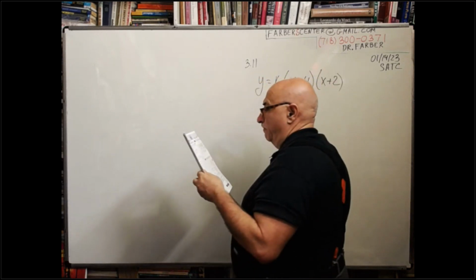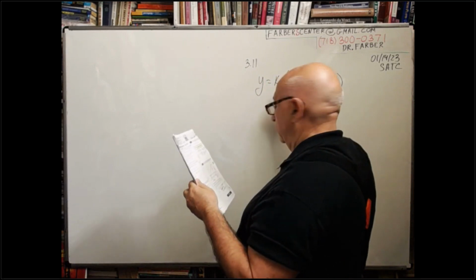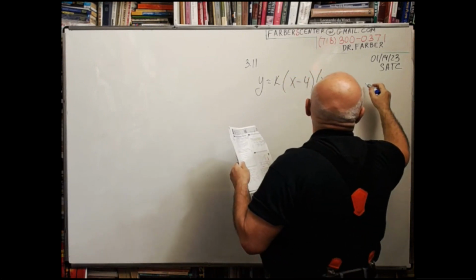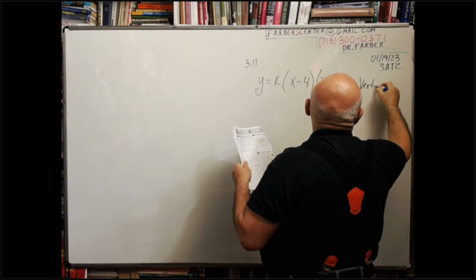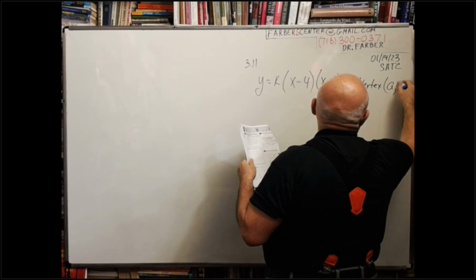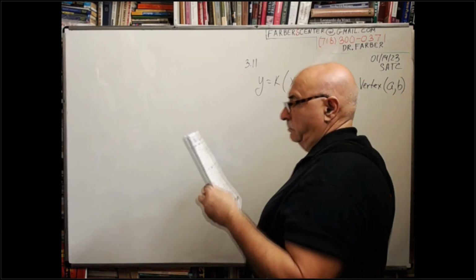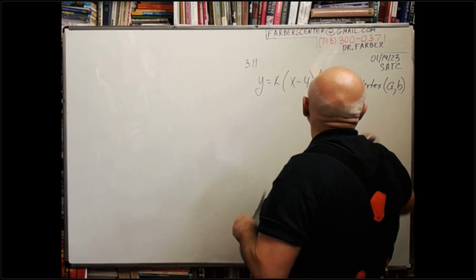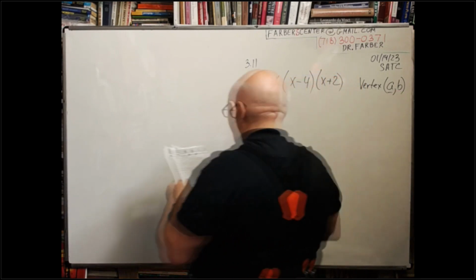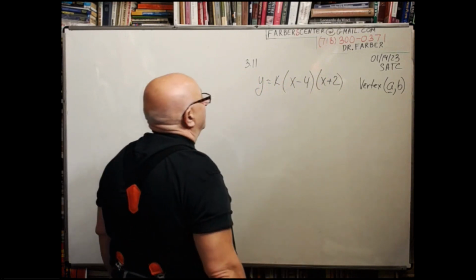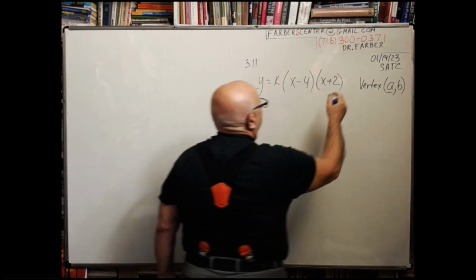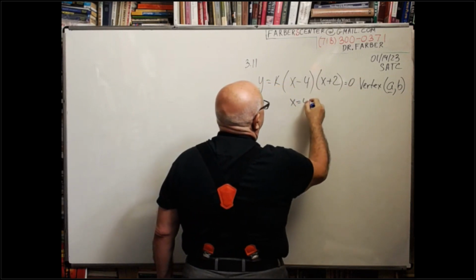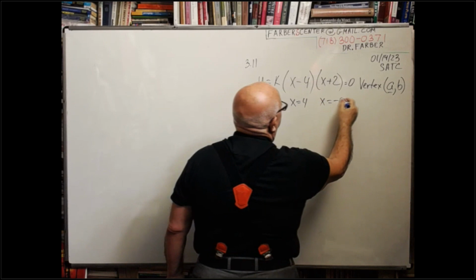The graph, k is a constant, has a vertex at point A, B. I just write what is given. What the following equals to A? Well, when y equals to 0, when either x equals to 4 or x equals to -2.